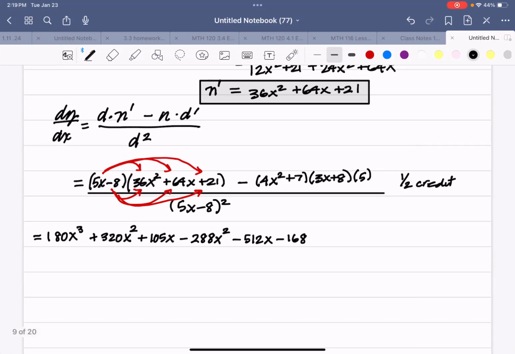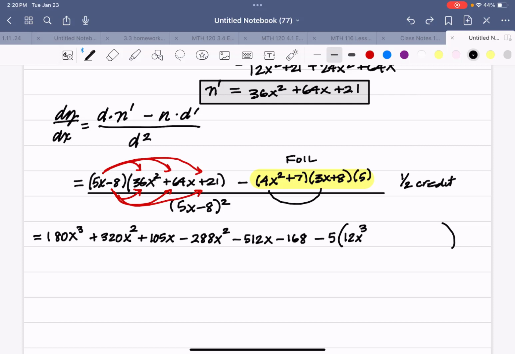Now, I have choices for this part. And what I'm going to do is choose to do the minus and the 5 last. It'll keep me from making a sign mistake. This has to be multiplied out. So 4x squared times 3x is 12x cubed.